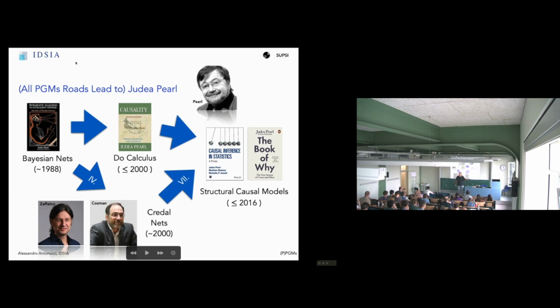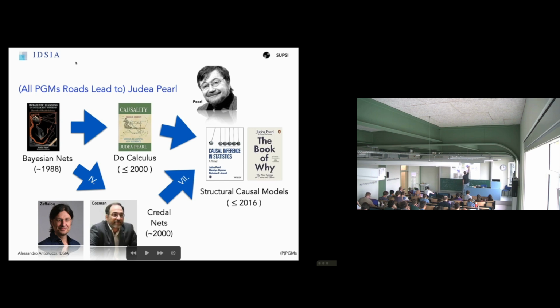There are algorithms to learn a directed graph from a data set. But if you believe that this clearly says the orientation of the arcs has a causal meaning, you might be very, very wrong, at least in general. So these are not causal models.